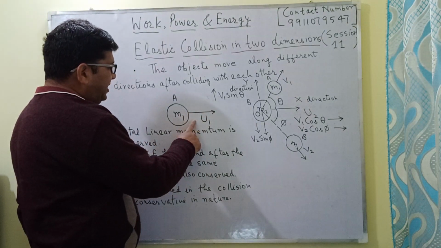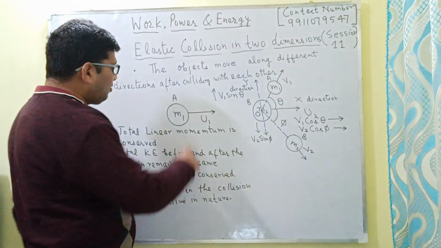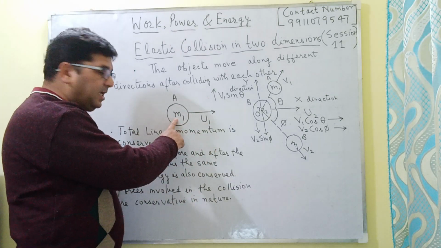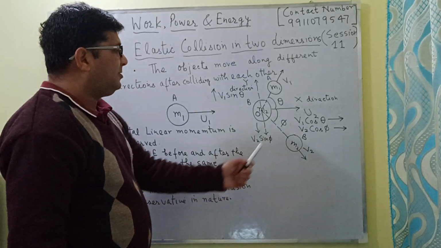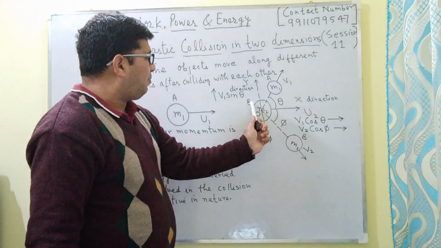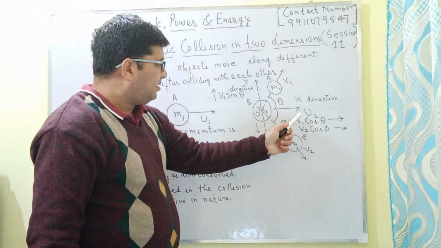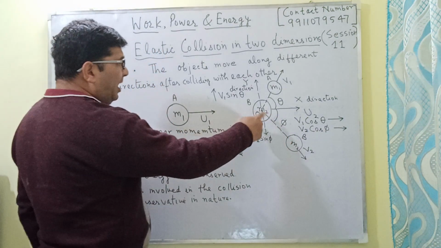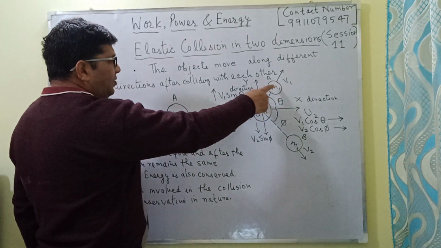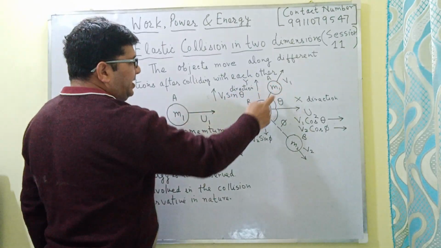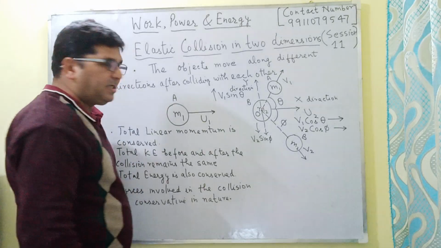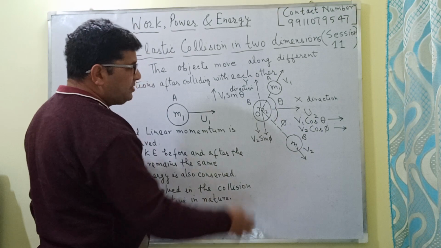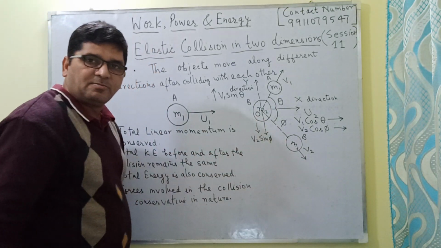The velocity of object A before collision is u1, the mass of this body A is m1, and the velocity of body B is u2, its mass is m2. After the collision the velocity of body A becomes v1 and it moves in this direction as indicated by this arrow, and the velocity of body B is v2 after the collision and it moves in the direction as indicated by this arrow.